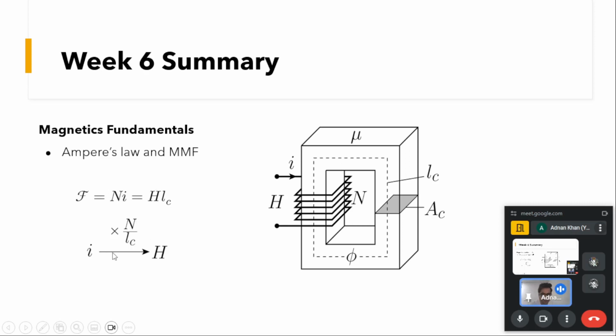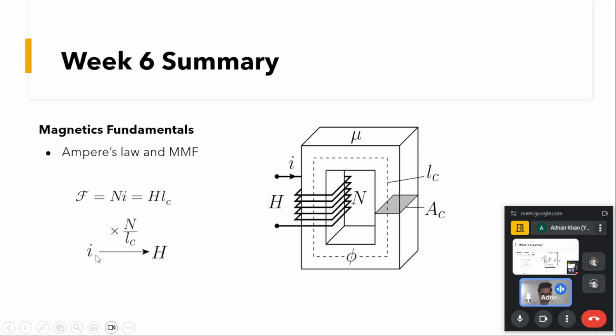But if we know the current, we can calculate the magnetic field intensity. From this equation, we know the number of turns N that we have wound on the core, and we know Lc, the mean path of the core.